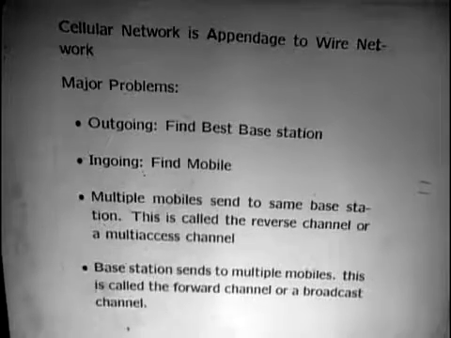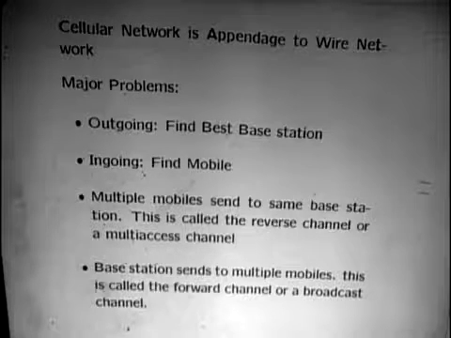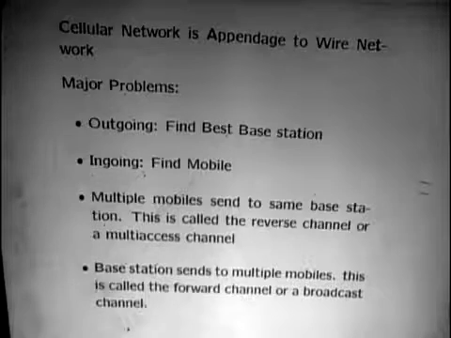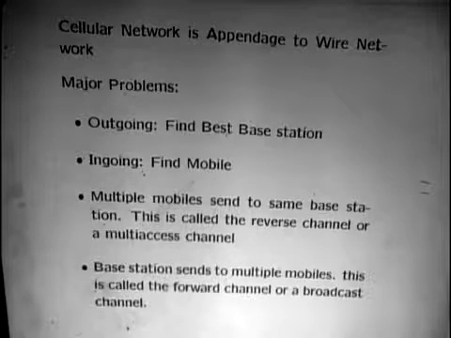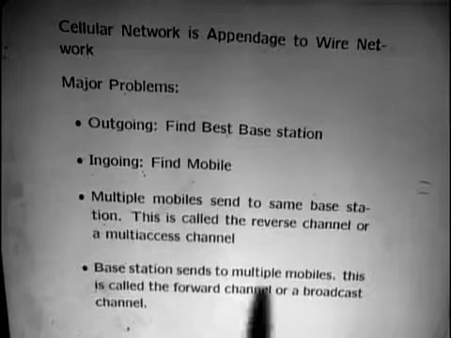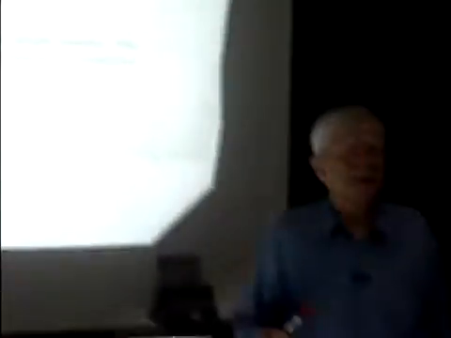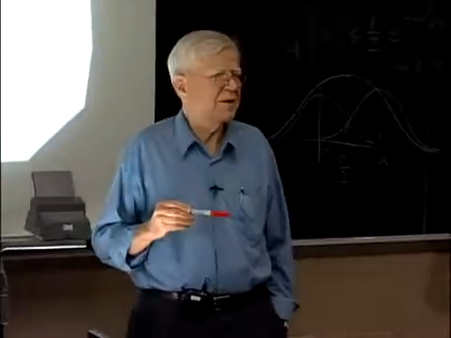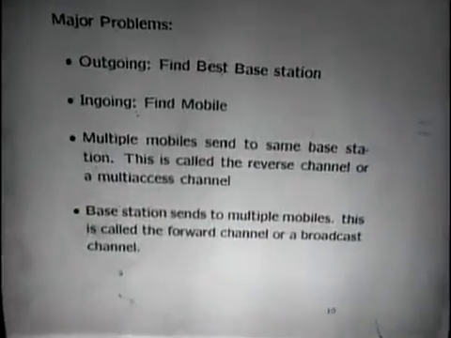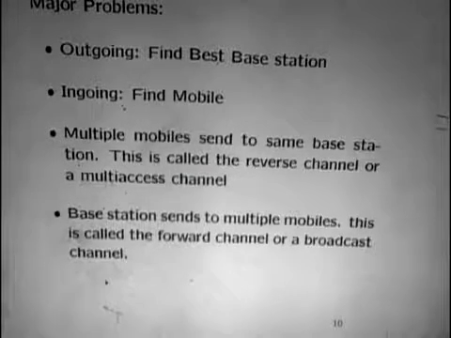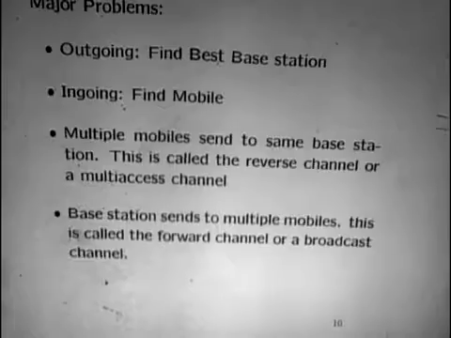The reverse channel goes from the mobiles to the base station, and the terminology was chosen by the people designing the base stations. That's sort of clear. But if you read about this in any more technical publication, you will see this being called a multi-access channel, because many, many users are all trying to get into the same base station.